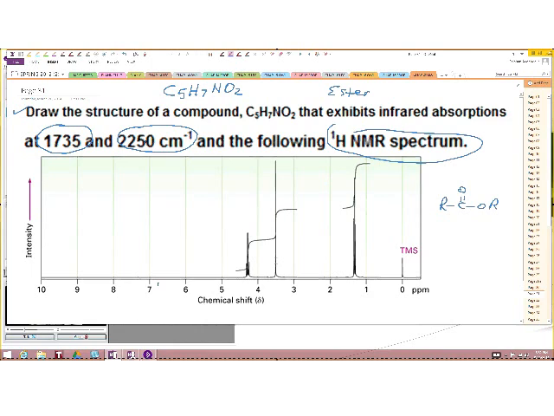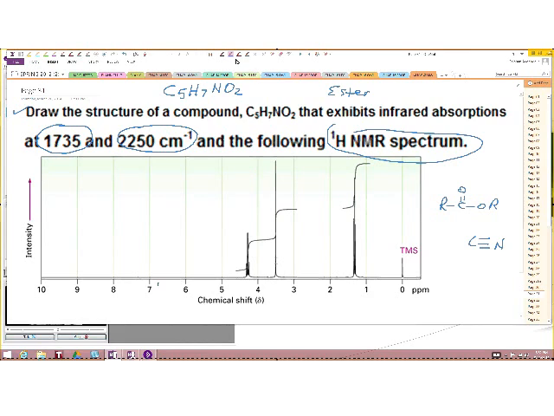And then anytime you see an absorption around 2200, 2250, what that tells you is that either you have a carbon-nitrogen triple bond or a carbon-carbon triple bond. Okay? So in this case, let us make an assumption, since we have nitrogen here, that we have a carbon-nitrogen triple bond. So the infrared spectrum has already told us that we have an ester. It has also told us that we have a nitrile.